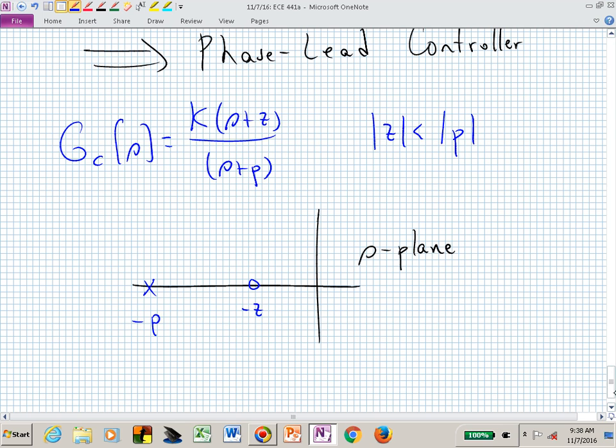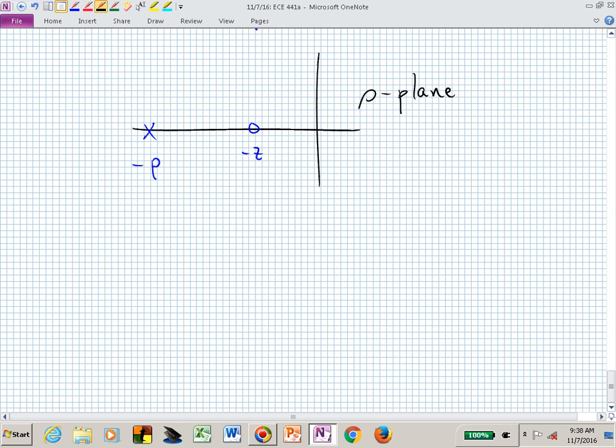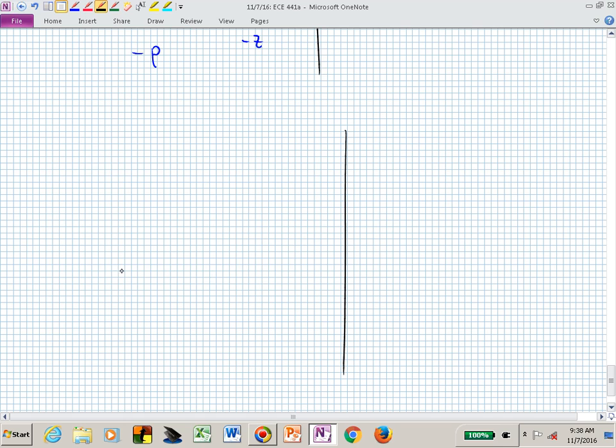Now, in our case, what do we have? We had a system that ideally we wanted to be beyond that vertical line at -4 and not too big in terms of our vertical dimension or imaginary part.